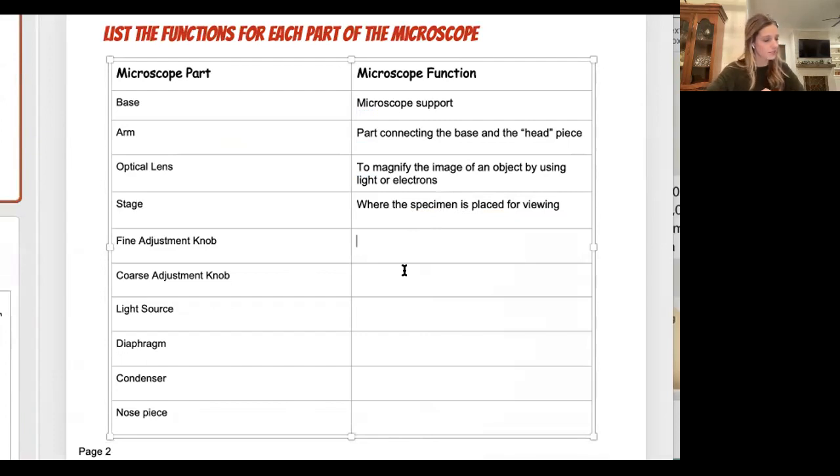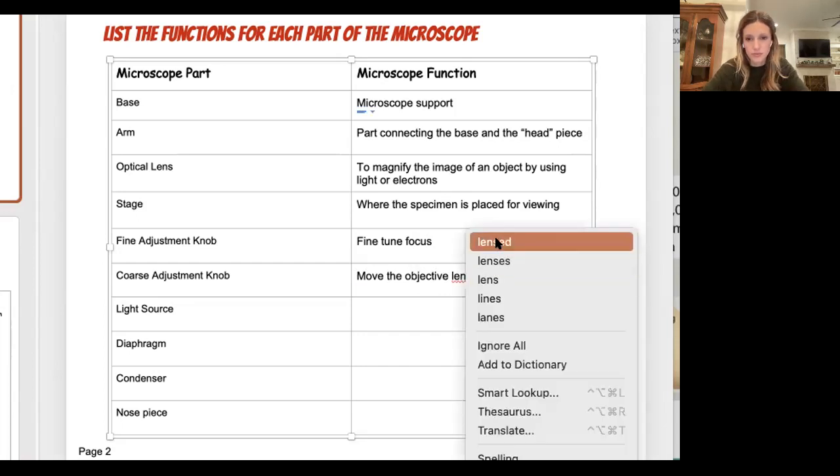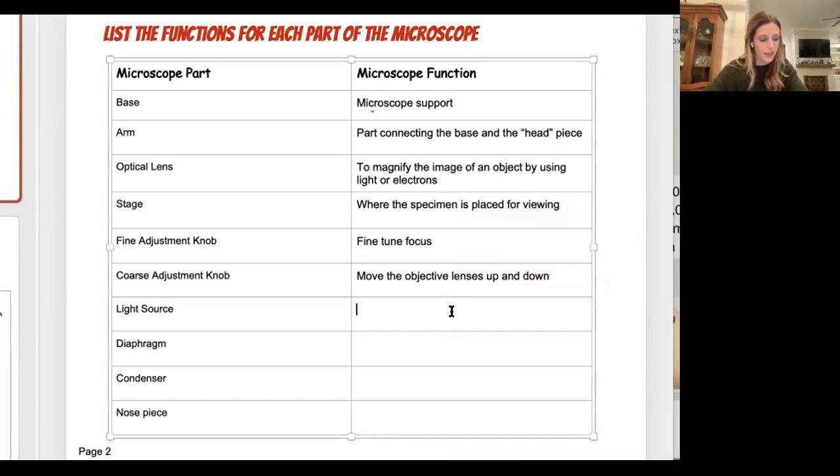It's weird. Okay, so the fine adjustment knob is going to fine tune focus. The coarse adjustment knob is going to move the objective lens up and down. Light source is the illuminator within the base. Diaphragm: I also want you to write right here that this is also called the iris.